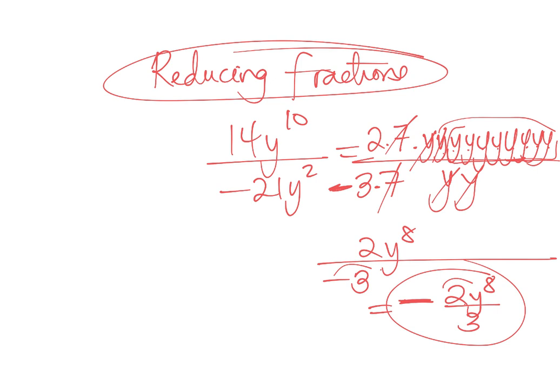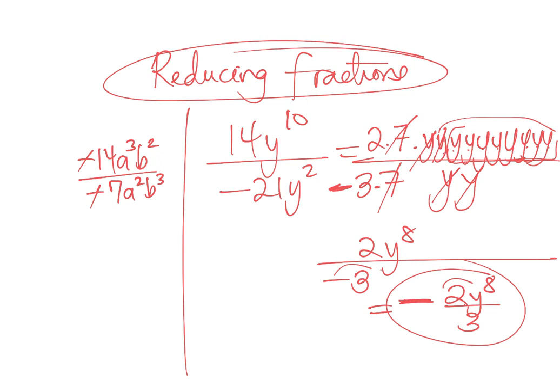Let's finish with one last question here. If we have negative 14a cubed b squared divided by negative 7a squared b cubed. If you have a situation like this, keep in mind the negatives can cancel right away. The 14 is 2 times 7, and then you have 3 a's and 2 b's.